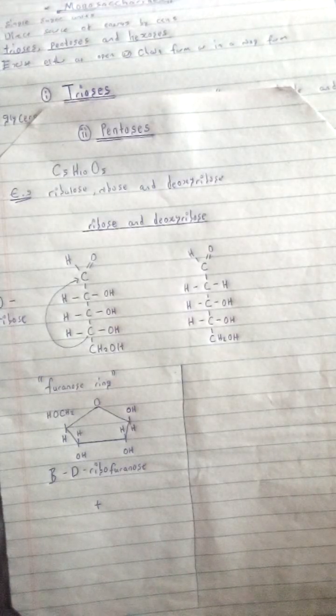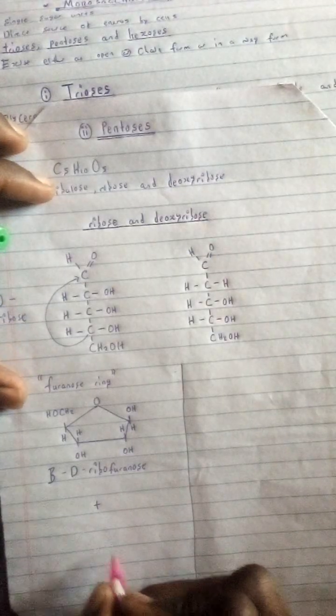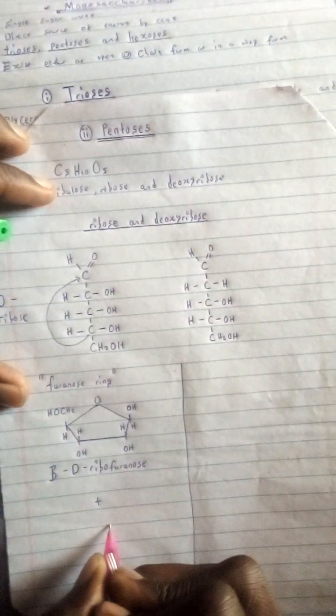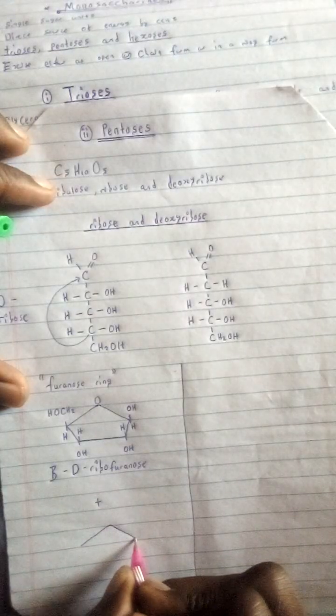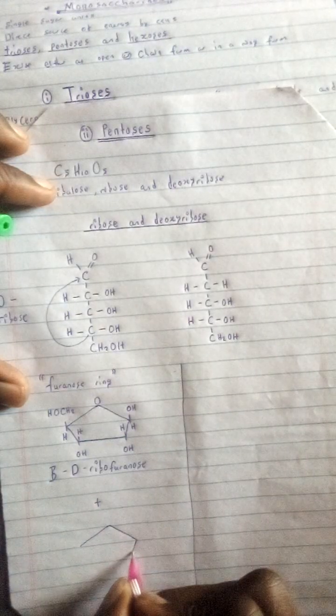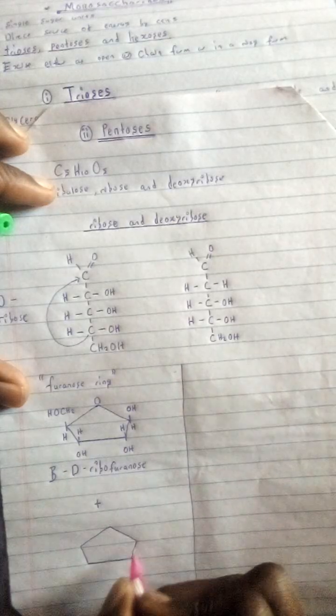For the alpha form, what we simply swap is this part. The OH group will be down. So it will be like this, almost one and the same thing.